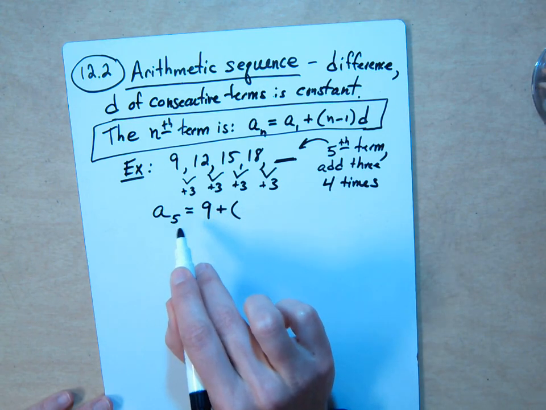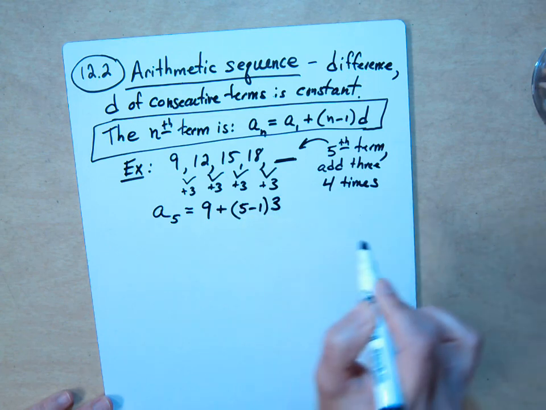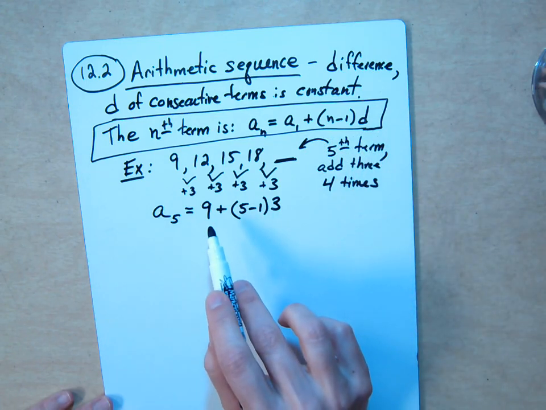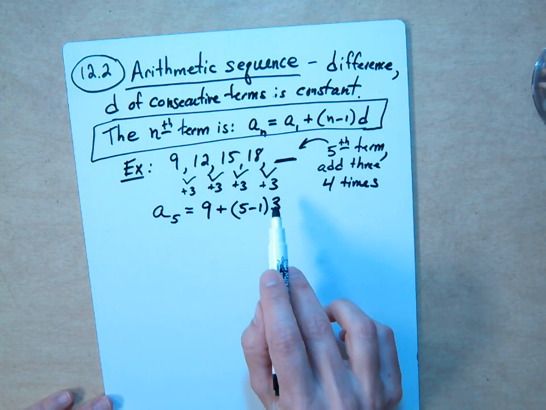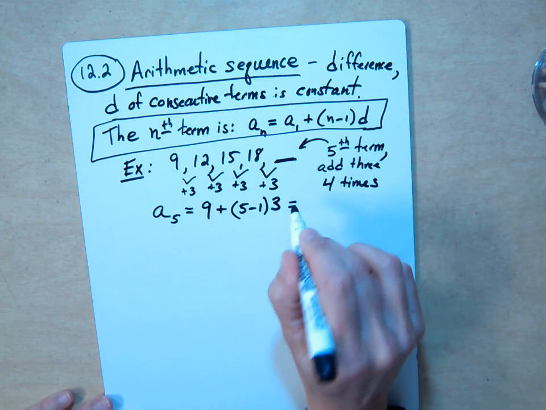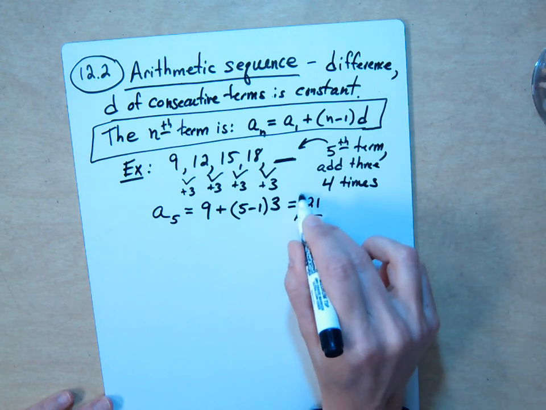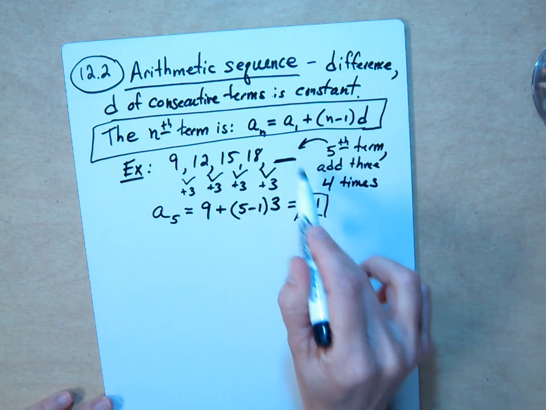If you want the fifth term, n is 5, so n minus 1, you would add it 4 times. And this maps this formula exactly: the nth term, the fifth term, equals the first term plus n minus 1 times d. And doing the arithmetic here gives you 21. And sure enough, if you looked at the pattern here, you would fill this in with 21.